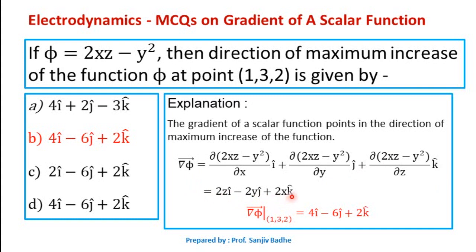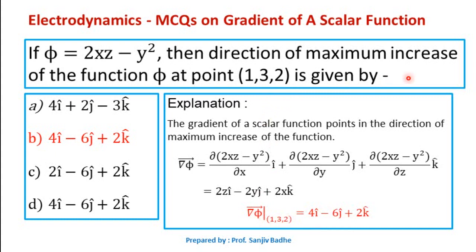plus 2x k cap. Now to find gradient of phi at point (1, 3, 2), let us put x is equal to 1, y is equal to 3 and z is equal to 2. So z is equal to 2, so 2 into 2 i cap, that is 4 i cap, 2 into 3 j cap, so that is minus 6 j cap, 2 into 1 k cap, that is 2 k cap.